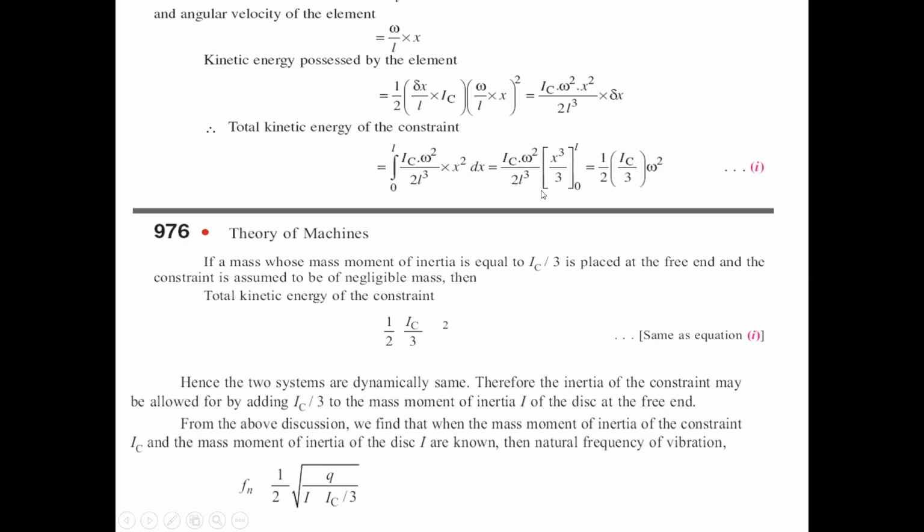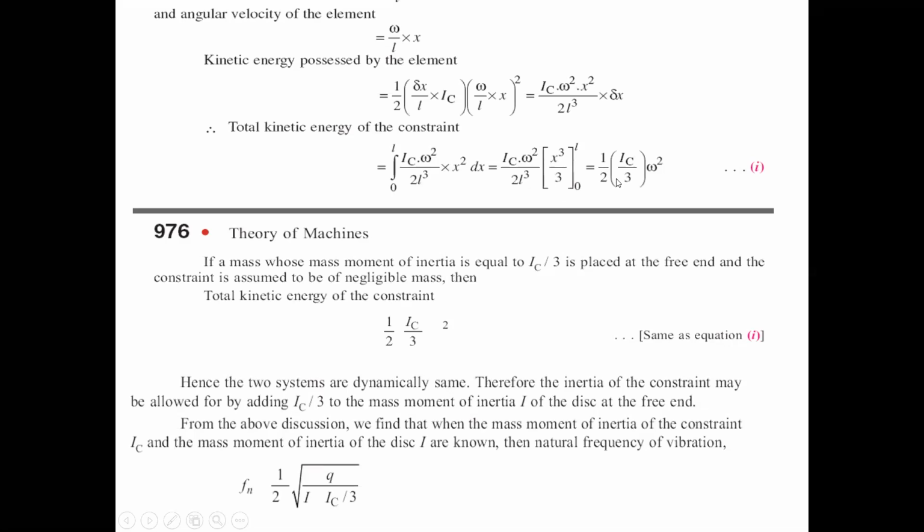IC omega square by L cube is written as IC omega square by 2L cube into L cube by 3. So when we apply our limits, the L cube cancels here.